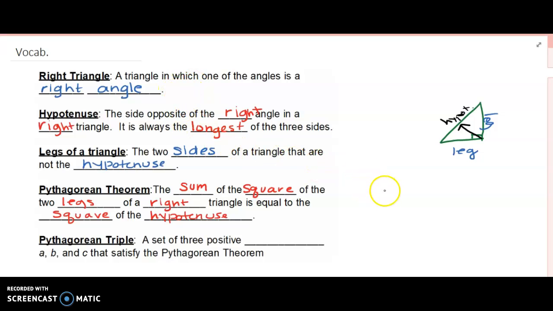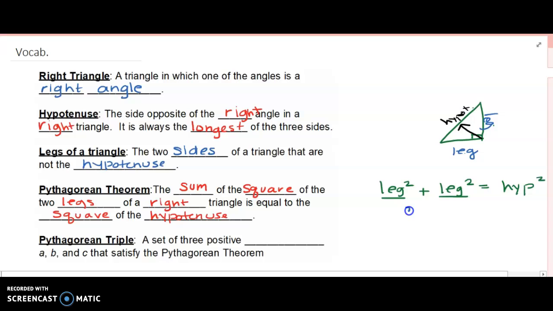The sum of the squares. Sum means we're adding 2 things. It's going to be the sum of the square of the two legs. So legs squared plus legs squared is equal to the square of the hypotenuse. So leg squared plus leg squared equals hypotenuse squared.